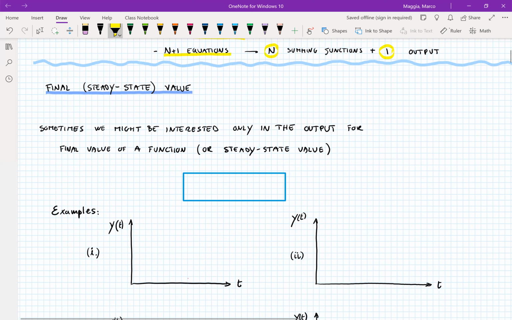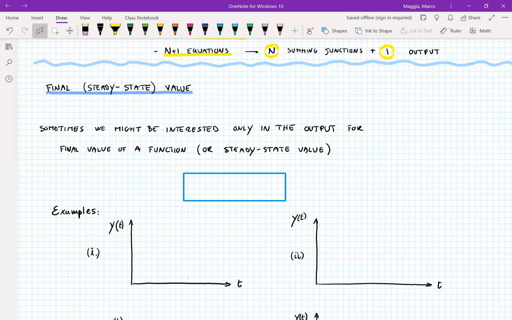All right, so today we'll start talking about the final or steady state value. There are two ways to call the same thing. Sometimes I can refer to it as the final value or the steady state value. These are both terms that are widely used in control systems, so get familiar with both.